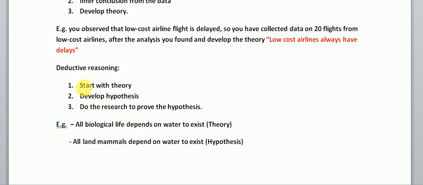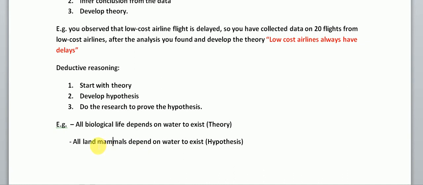Here is a theory: all biological life depends on water to exist. So whatever animals, whatever thing has a biological life, they depend on water. It means out of the water they cannot exist. Now we are checking the land mammals, whatever mammals we have on the lands, because they are also biological life, we check whether this general statement is true or not.